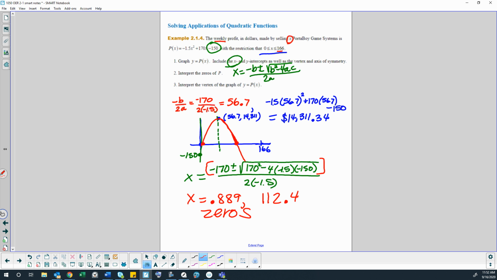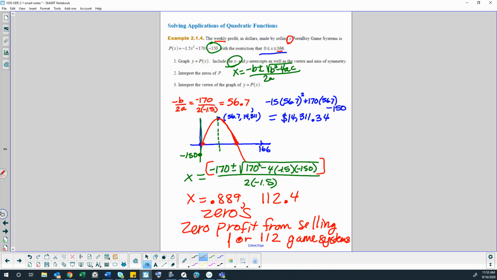We'll have 0 profit from selling 1 or 112 game systems. That's what those zeros are telling us, right?